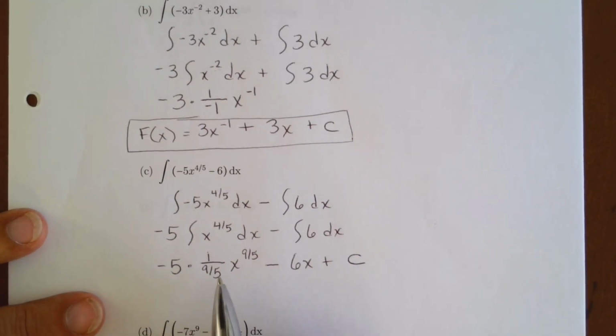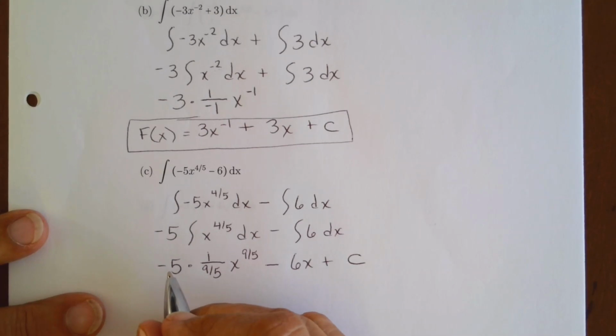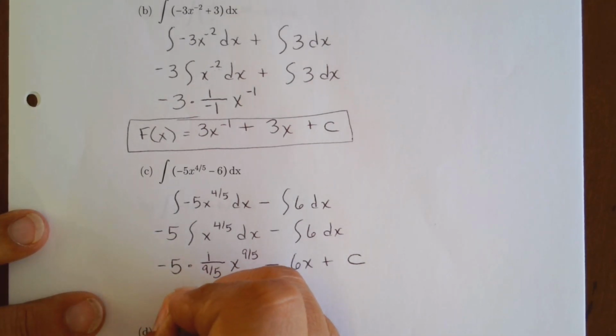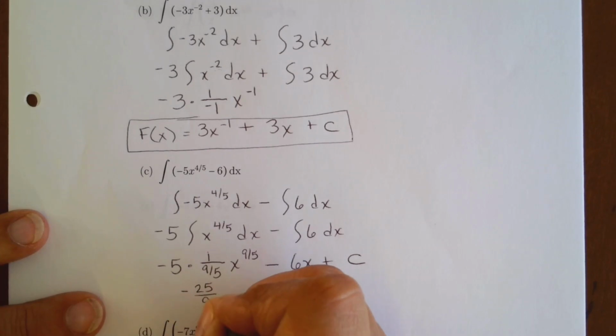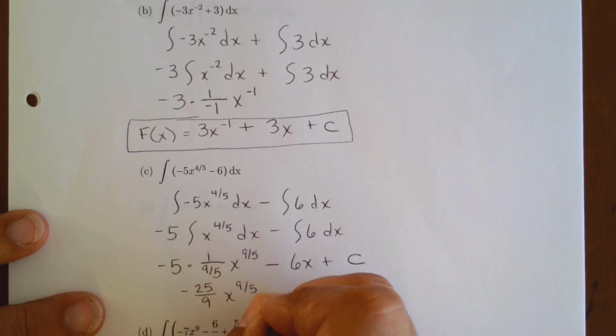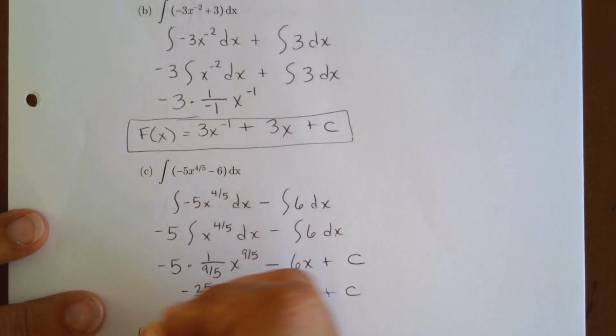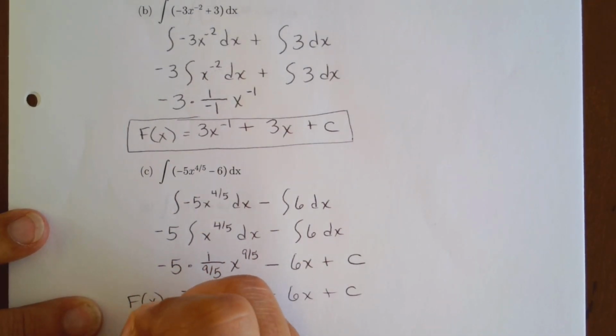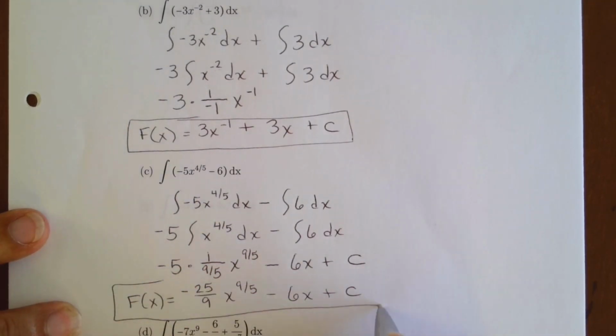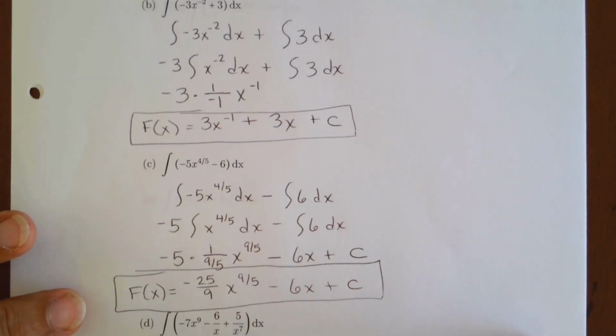All right, now, this is the only part you guys got to be careful of, because when you divide, okay, whenever you multiply by the reciprocal. So 1 divided by 9/5 is the same thing as 1 times 5/9. So you're multiplying this by 5/9. So that's negative 25/9 x to the 9/5 minus 6x plus c. That is your antiderivative. And then you can check it to make sure you did the rule right.